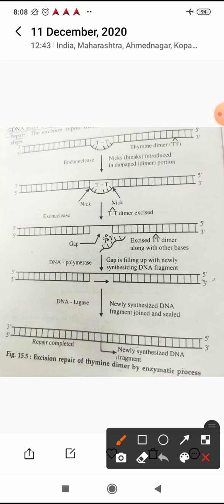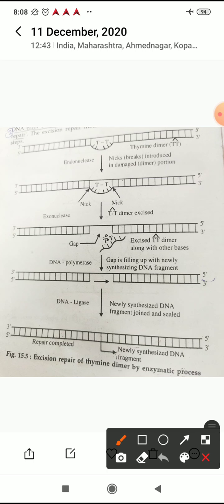See, some mutant strains of Escherichia coli bacteria are extremely sensitive to ultraviolet radiation, and when such sensitive strains of bacteria are kept in dark, the DNA error gets cured or repaired.